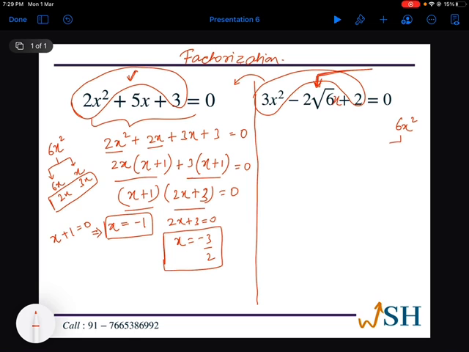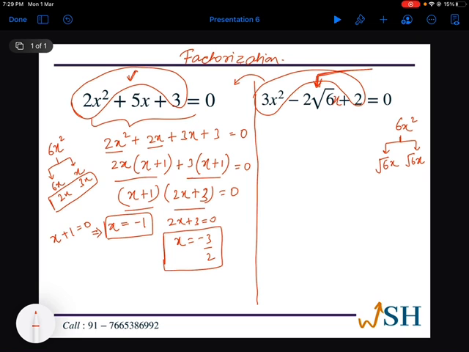Now 6x square should be factorized in order to yield minus 2 root 6x as the addition of the factors, which can happen in the case of root 6x, root 6x, because root 6 times root 6 is 6, and x times x is x square. So root 6x times root 6x is going to give you 6x square.